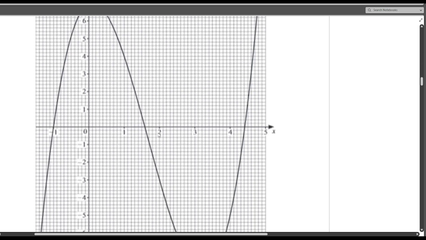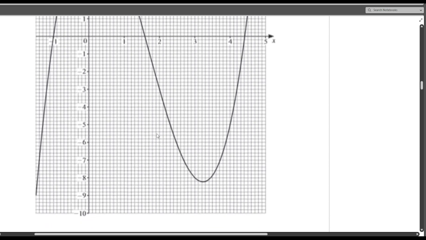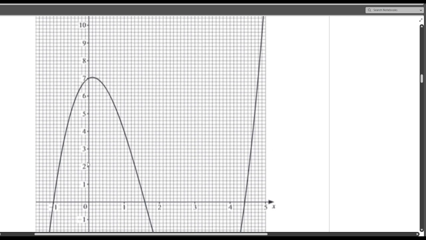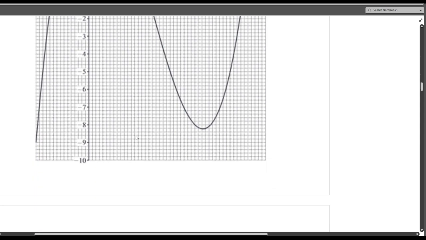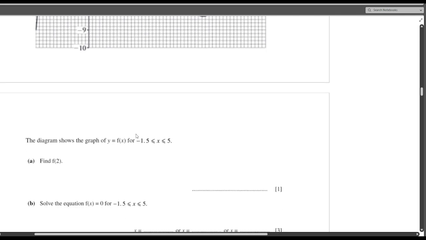Okay, so here is question number 2. Now I can see this graph is taking two turns. As it is taking two turns, one thing should come to my mind, that this graph could be a cubic curve, a degree 3 curve. Now the first problem here is, find f of 2.